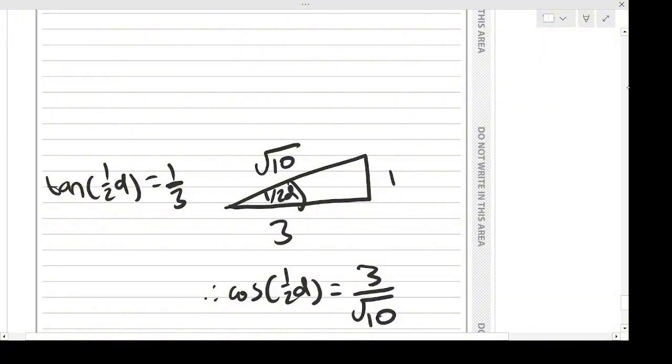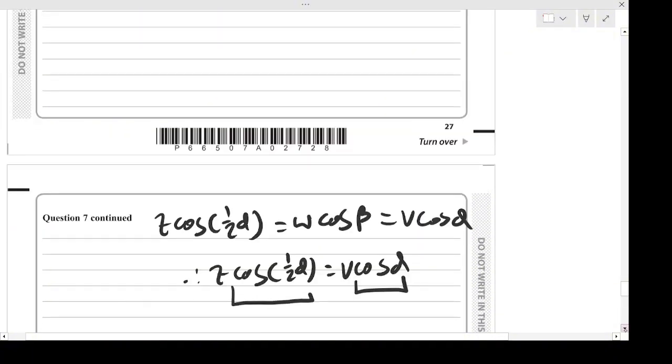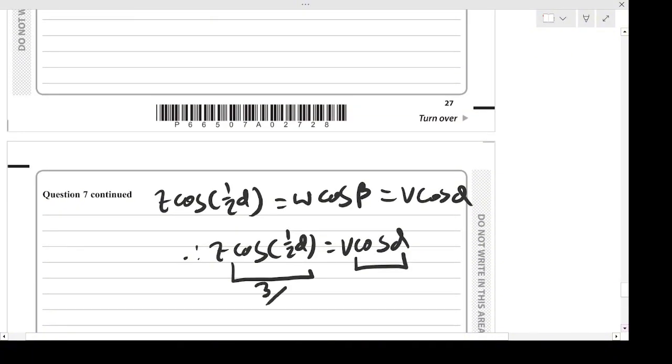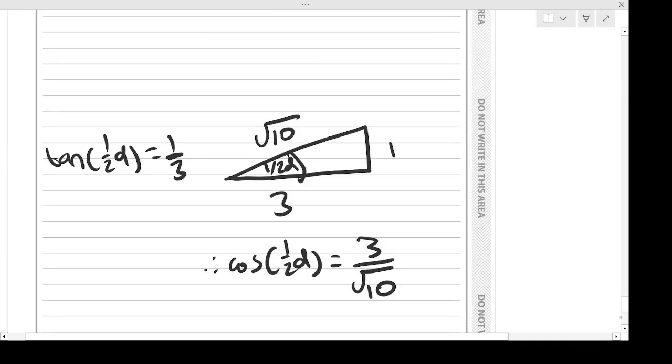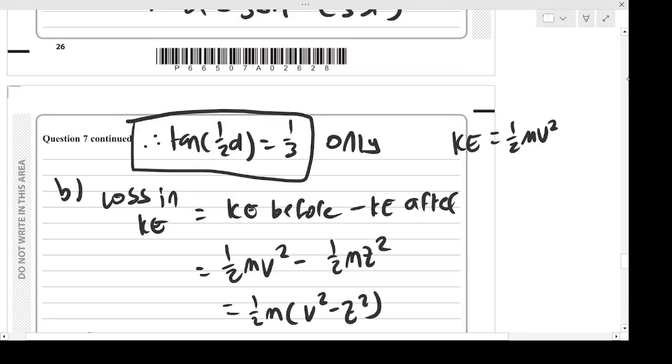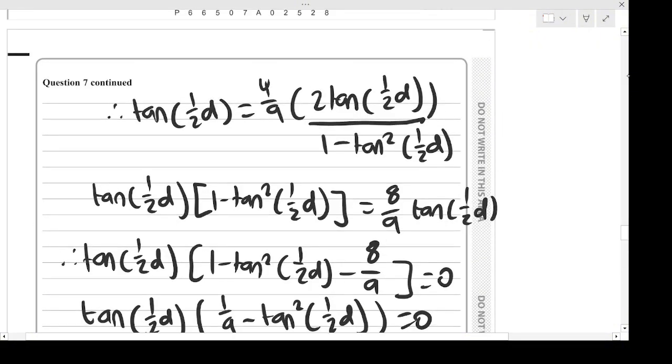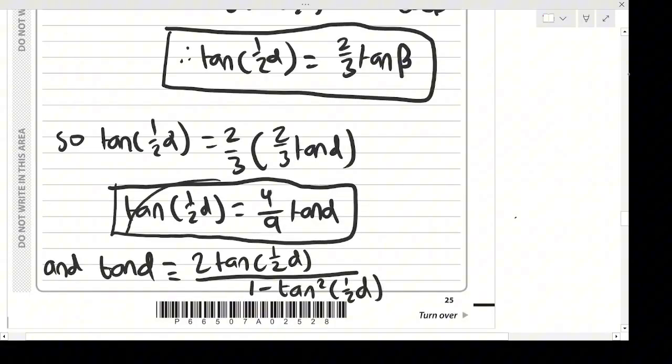Okay, so I can say that this is going to be 3 over root 10. Now what about cos alpha? If we know that tan of a half alpha is a third, but we also saw in part A this equation here, that tan of half alpha is 4 over 9 tan alpha, we can get tan alpha from this.